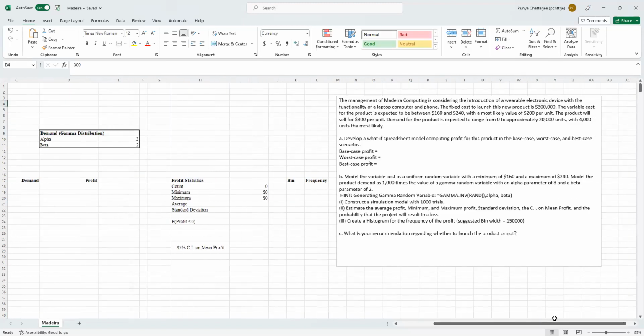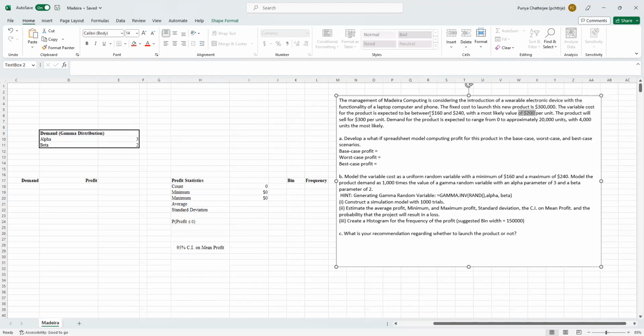Now, the two random inputs that I have in our model are the variable costs and the demand. So the variable cost for the product is expected to be between $160 to $240 per unit, with the most likely value of $200 per unit.